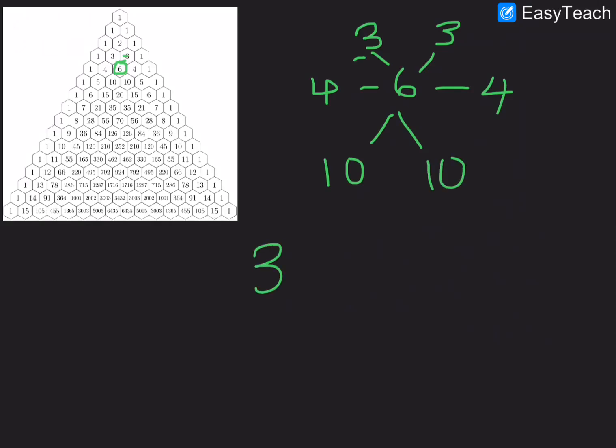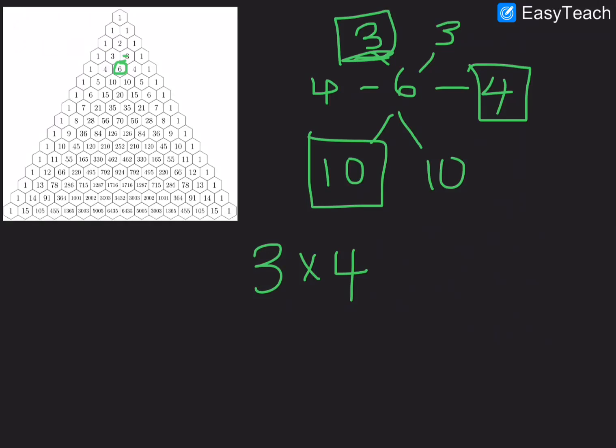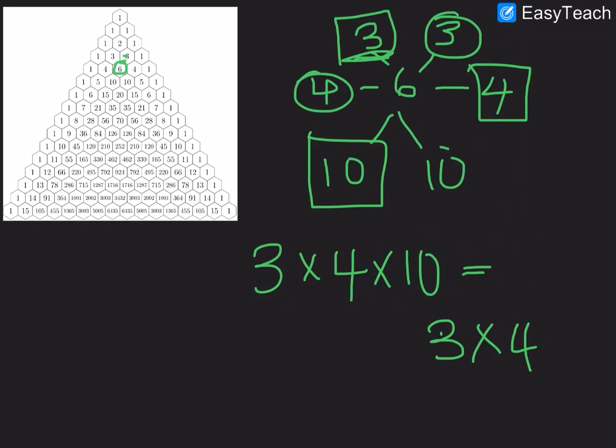You have 3 in this group times the 4 times the 10 is equal to the 3 times the 4 times the 10. And so what's going on? How is this so perfect?